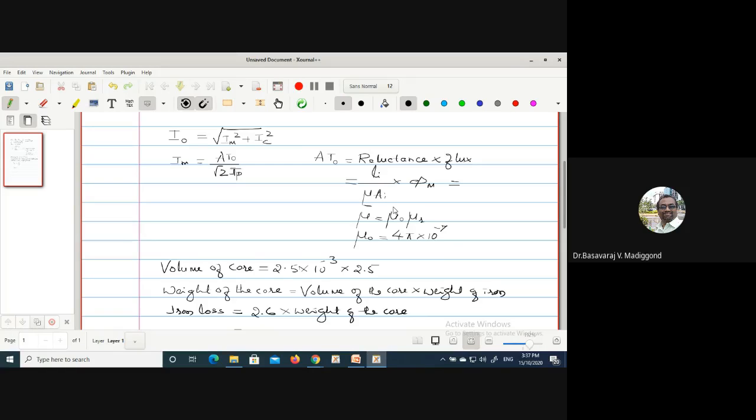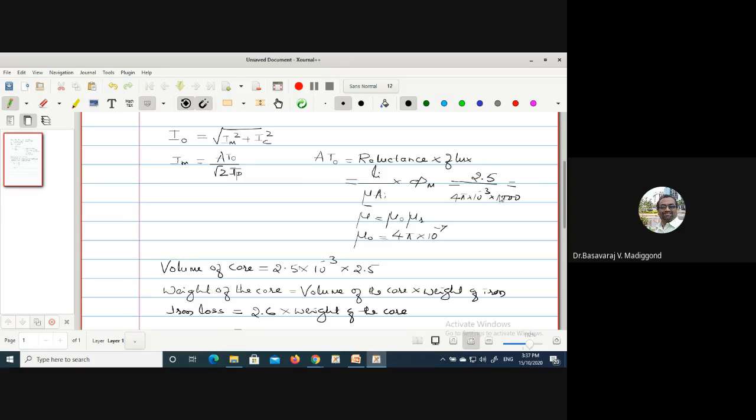Into, see, Li is how much? 2.5. Mu naught is 4 pi into 10 raised to minus 7, into 1000. Mu r is 1000.